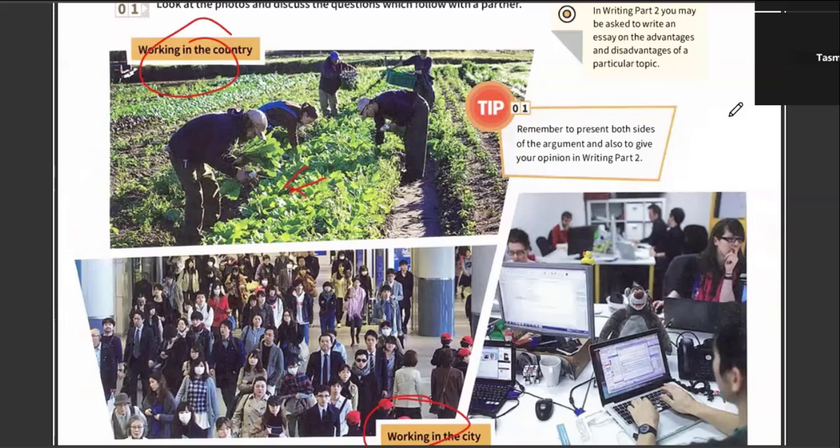Remember to present both sides of the argument and also give your opinion in writing part two. Whenever you are writing the second part, especially for the advantage and disadvantage essay, you have to give both sides of the argument. That means you show the advantages as well as the disadvantages, and you also give your own opinion.